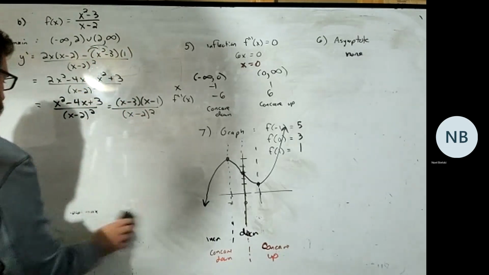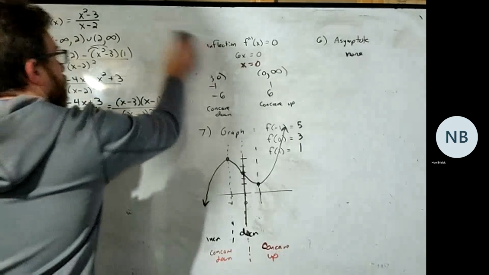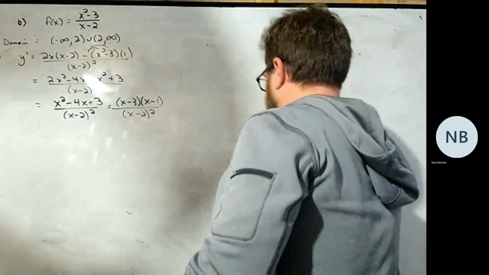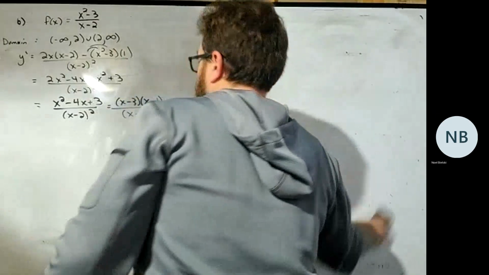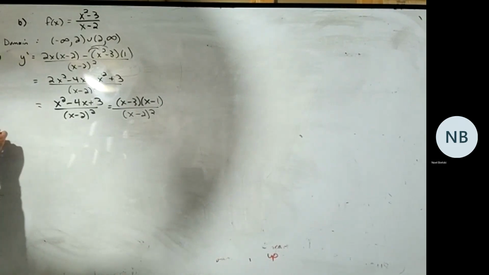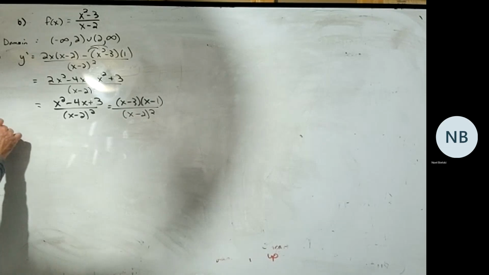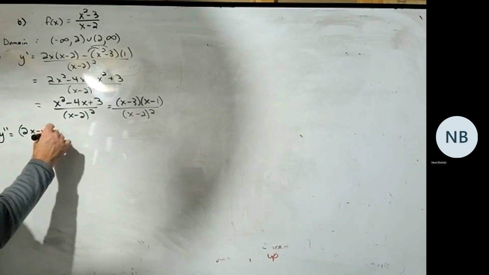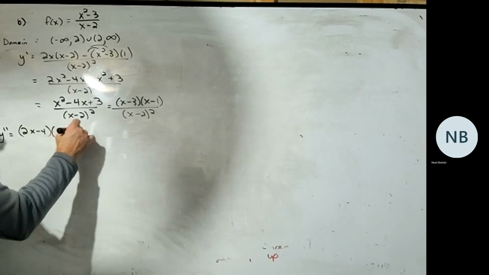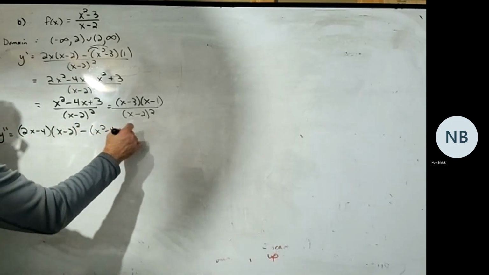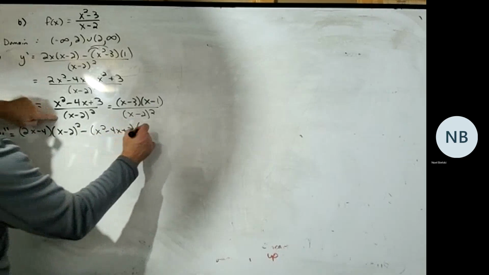Second derivative. Y double prime. Derivative of the top times the bottom, minus the top times the derivative of the bottom.